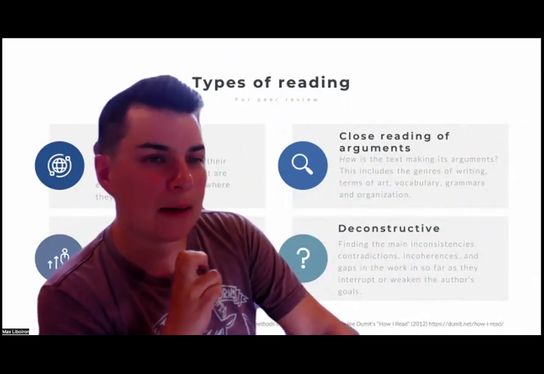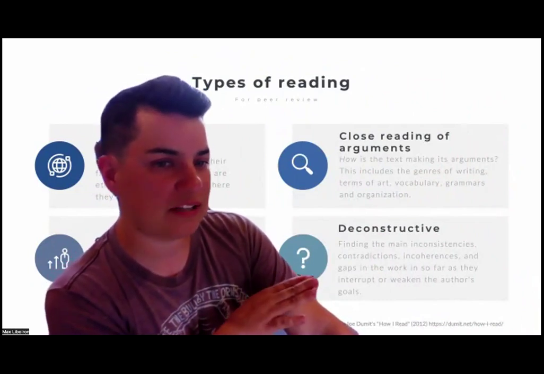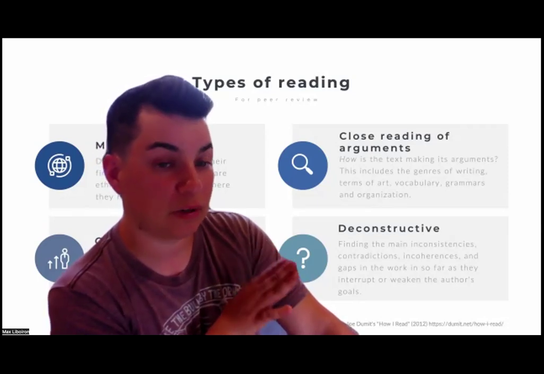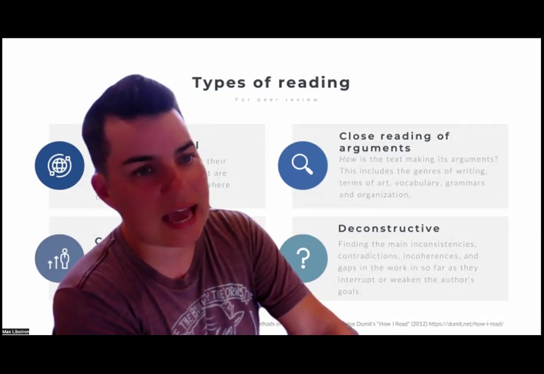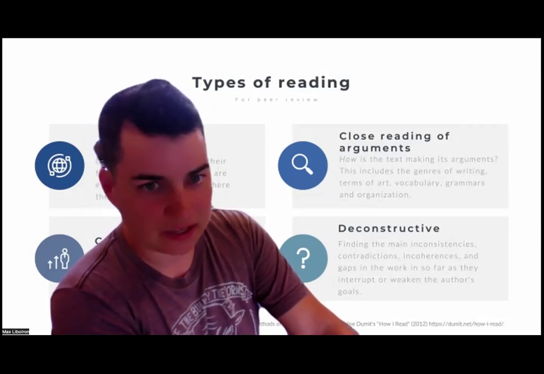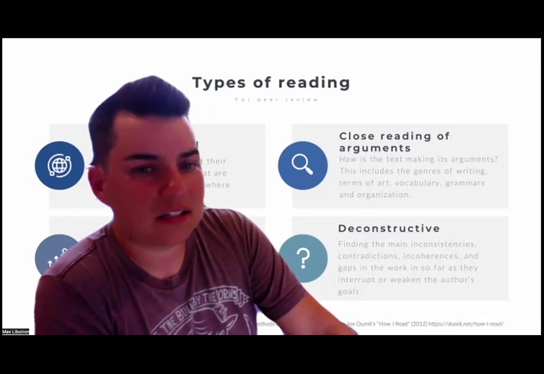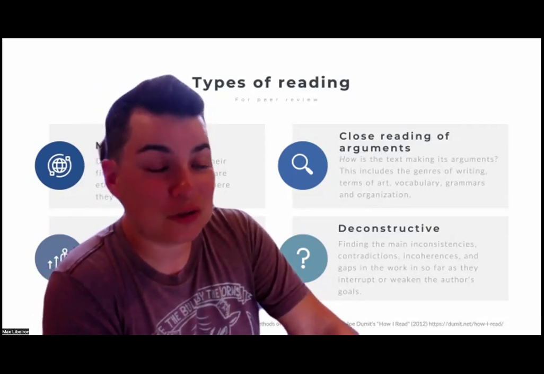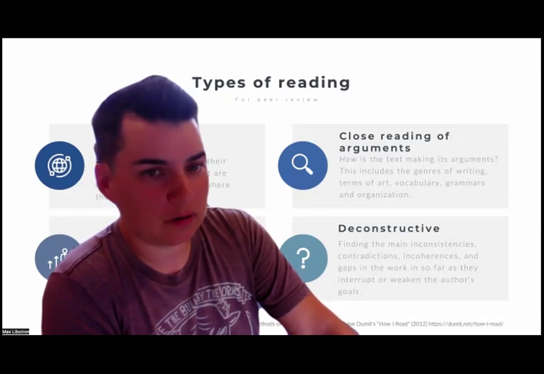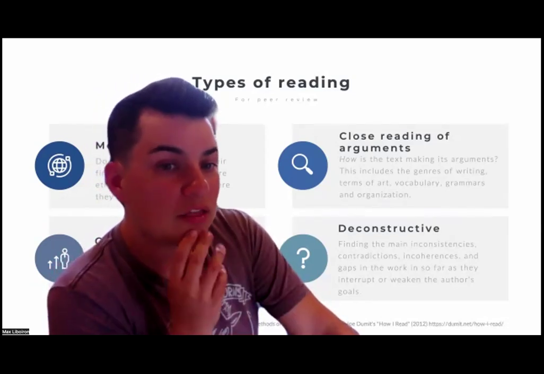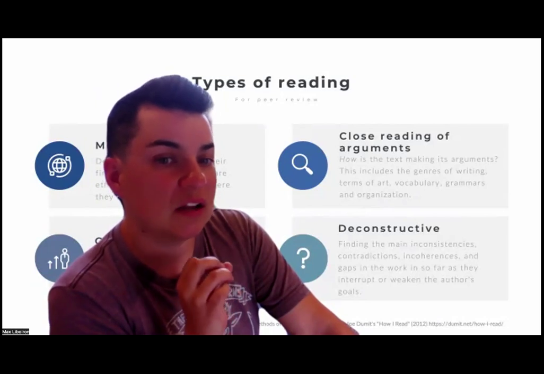But when nastiness happens in academia, it's mostly an aggressive deconstructive reading, which means looking for the inconsistencies, the contradictions, the incoherence, the gaps, the bad stuff, usually from the bad reviewer's desires. But when you're a good peer reviewer, deconstructive is like, well, there are certain things that interrupt or weaken the author's goals.